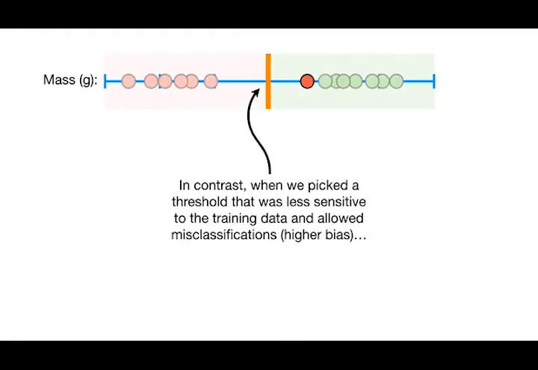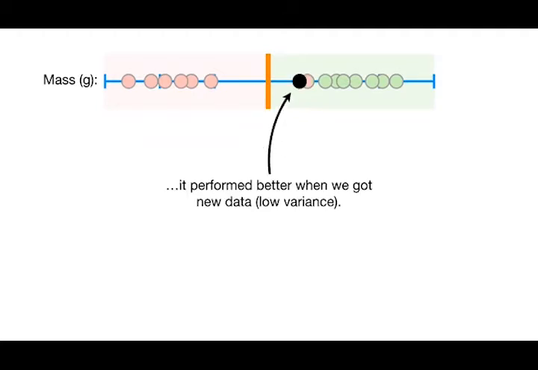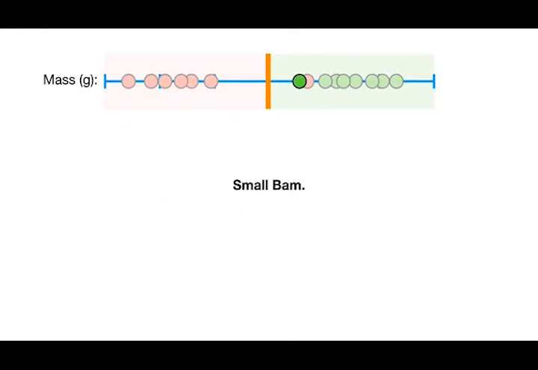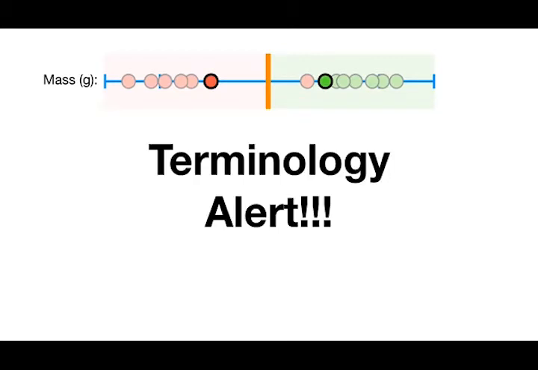In contrast, when we picked a threshold that was less sensitive to the training data and allowed misclassifications, so it had higher bias, it performed better when we got new data, so it had low variance. Small BAM.